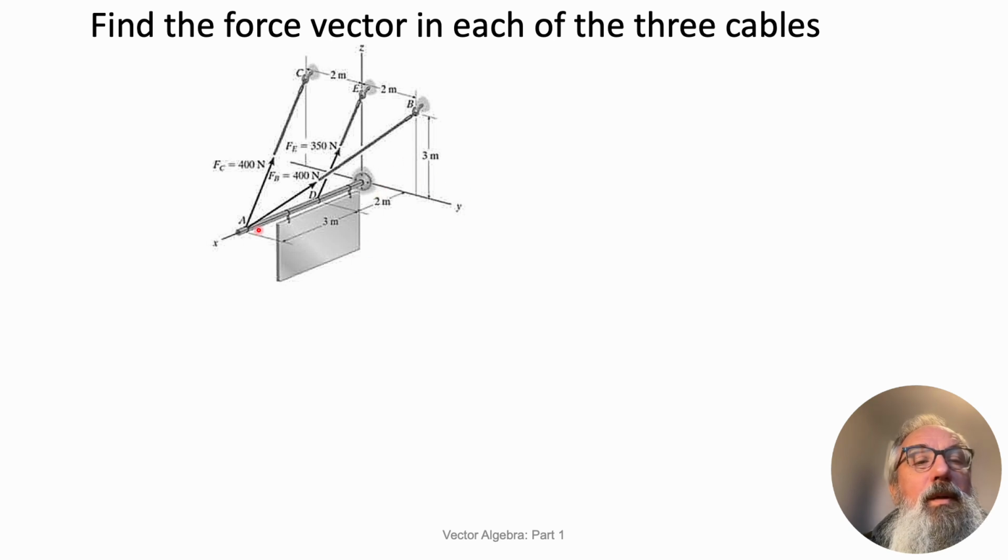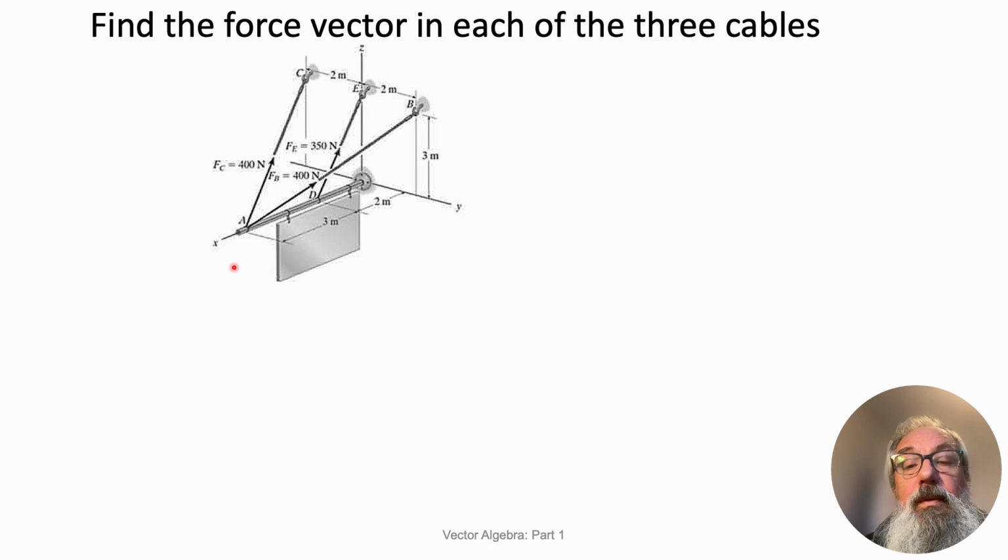We've got a bar sticking out of a wall, cantilevered, and it's supported by three cables: A to B, A to C, and one from the middle, D to E. We want to find the vector force on each of those three cables. Now we've got forces on the three cables of 400 newtons, 400 newtons, and 350 newtons, but what's the vector of the force in those directions?